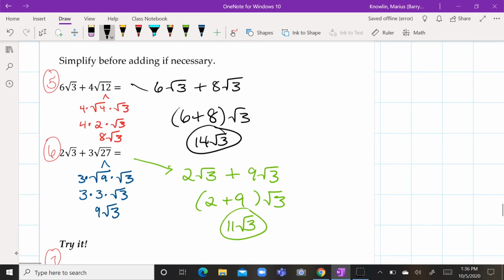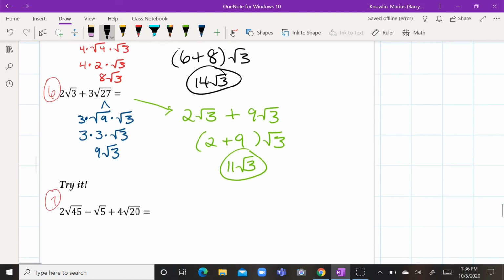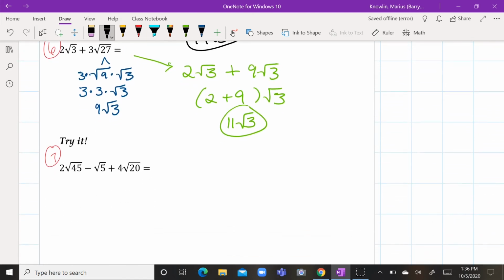Alright, let's take a look at example number 7. We can simplify the 45 and the 20. So this is going to be 2 times the square root of 9 times the square root of 5. And over here, this is going to be 4 times the square root of 4 times the square root of 5.